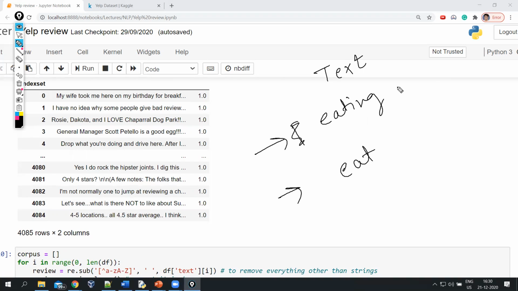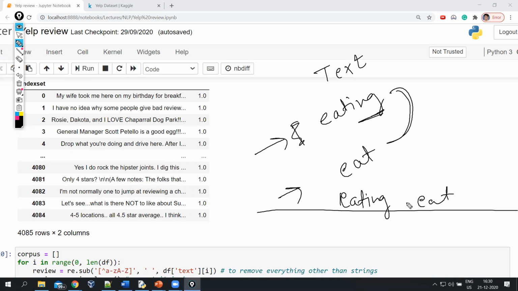As you know, these two words are similar, but due to the ing it will create another column. Like I explained, every word has a unique column. So eating would create one column and eat would also create one column. So redundant features are added.